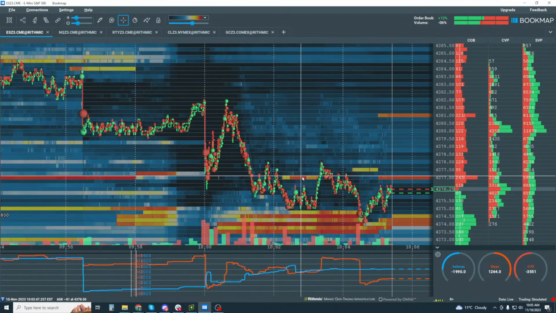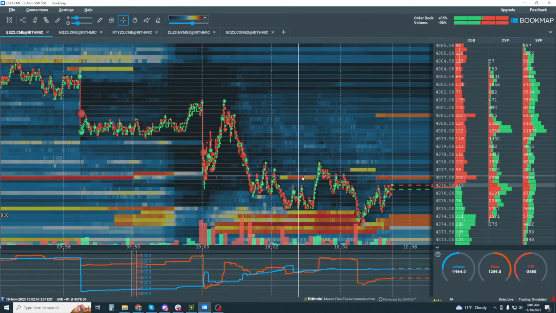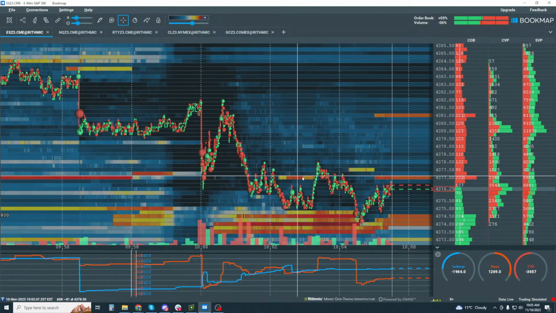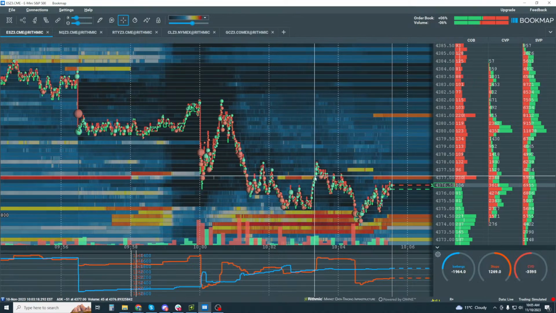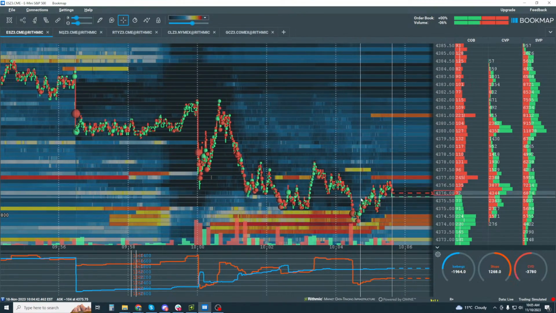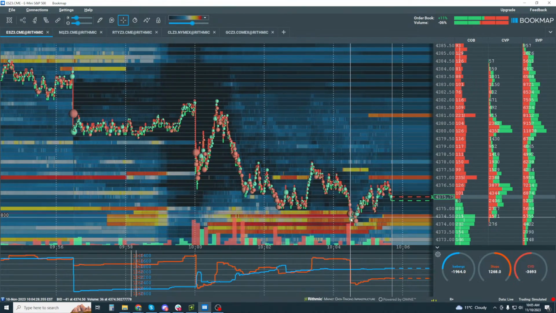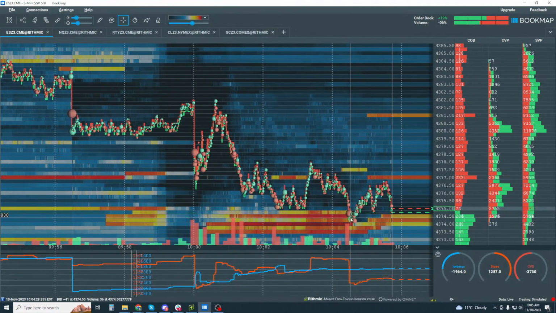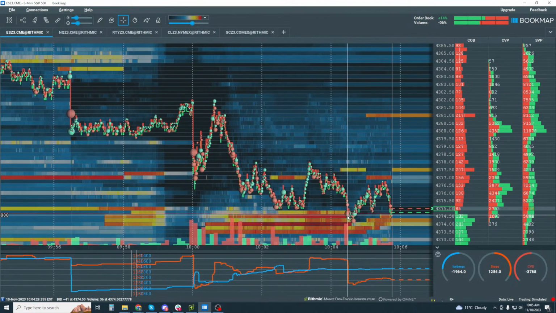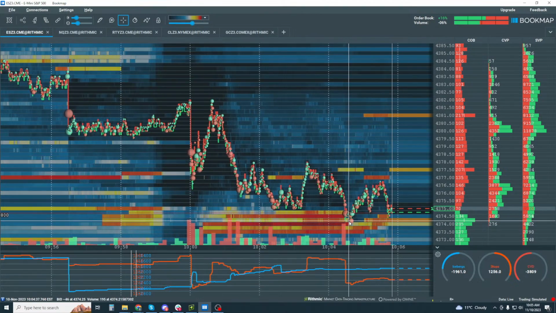Okay, so let's just make it simple here. For every buyer, there must be a seller, and vice versa. So when we see price move, what that signifies in here is that there are more aggressive sellers in this example than there are passive buyers. Okay, so the sellers were able to hit into this liquidity here.